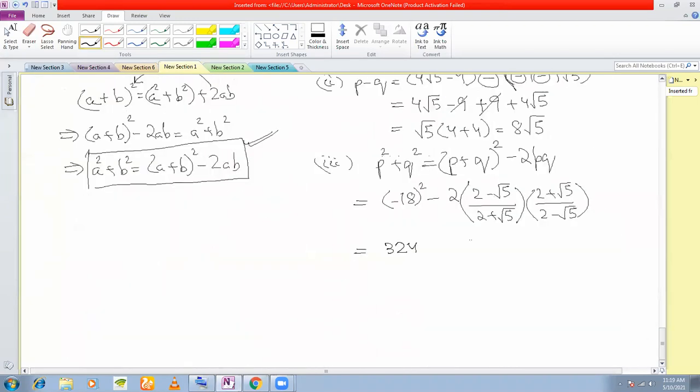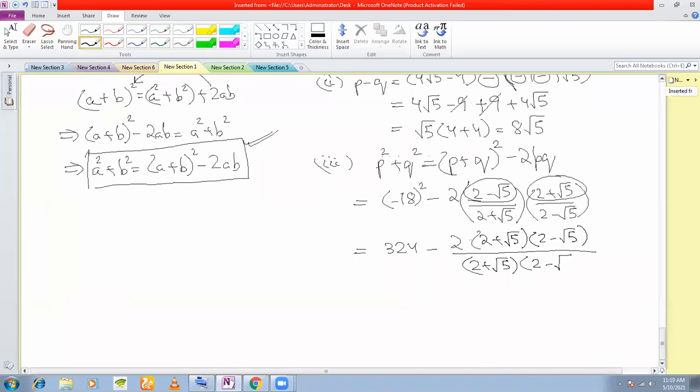So 324 minus twice. And in the numerator, this is the product of this and this. So we write it, 2 plus root 5 into 2 minus root 5. And similarly here in the denominator, you have 2 plus root 5 into 2 minus root 5.